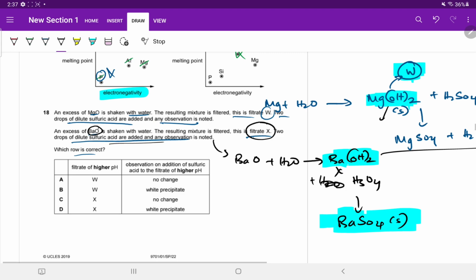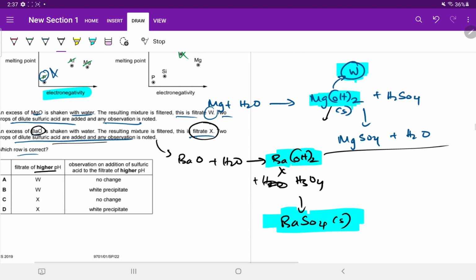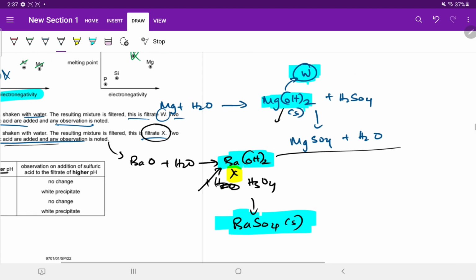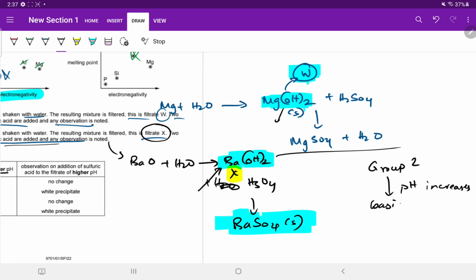Okay, now it says filtrate with the higher pH. So we already know filtrate X shall have the higher pH because of barium hydroxide, as we go down group 2, the pH increases because they are more basic.